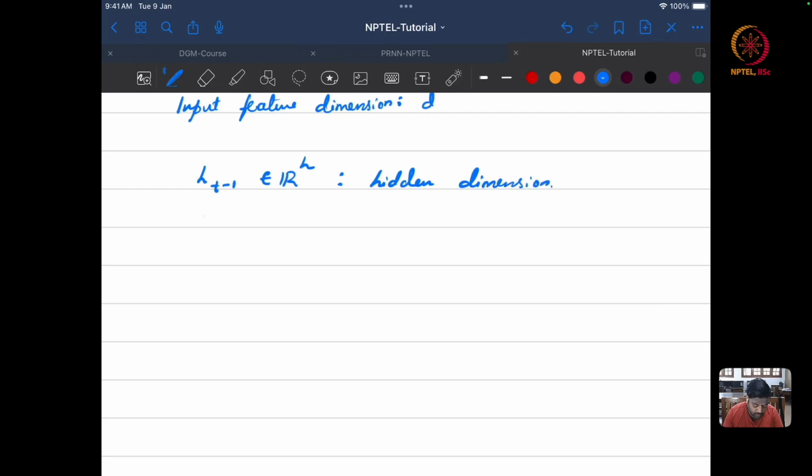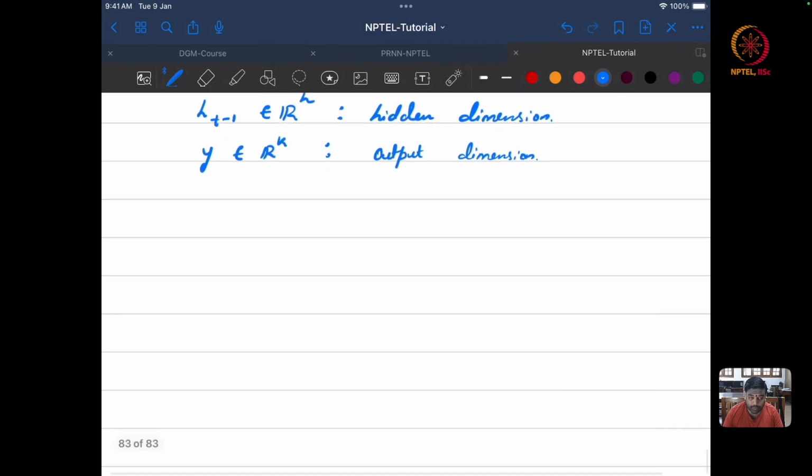And y for that given example belongs to R^K, where K is the output dimension, for the given example x.